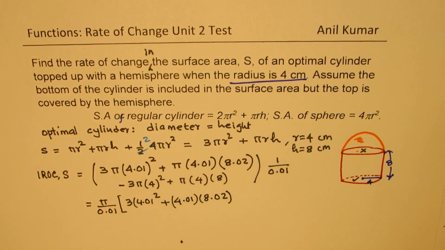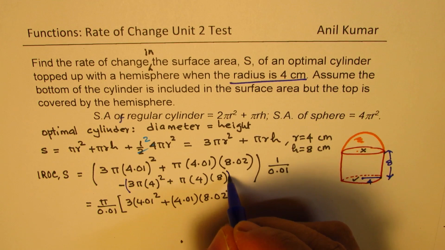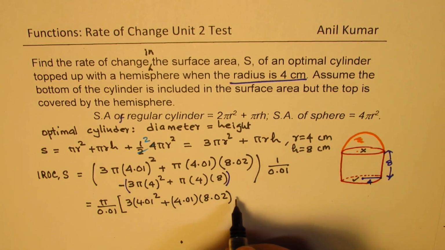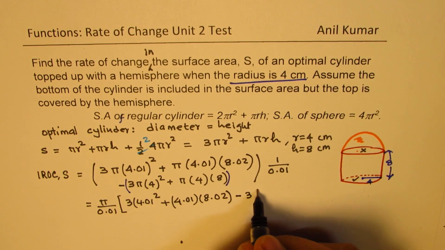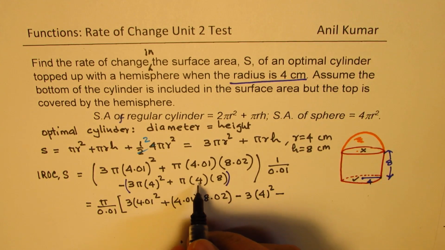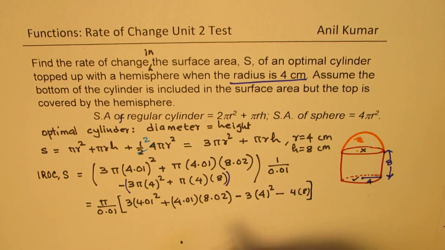And when you subtract this, we have to subtract both, right? So let me write small brackets here. We'll write minus 3 times 4 square, and minus 4 times 8. Correct? Let's use the calculator and find this.